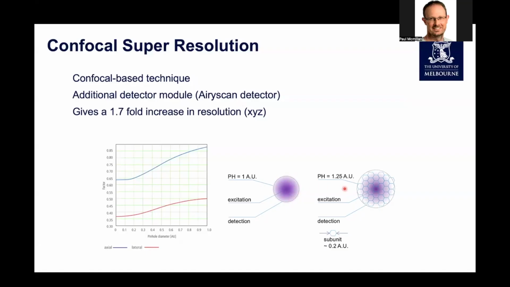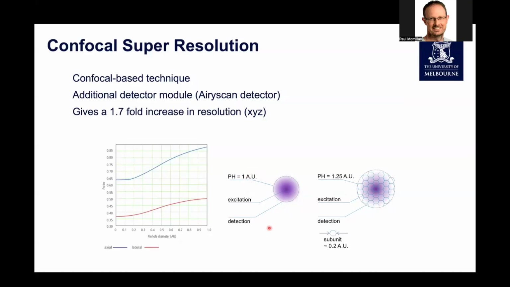For the AiryScan detector, we're using this slightly strange setup with a 32 detector array in a kind of hexagonal grid. The reason is that in a standard confocal setup we normally have the pinhole at 1 Airy unit.